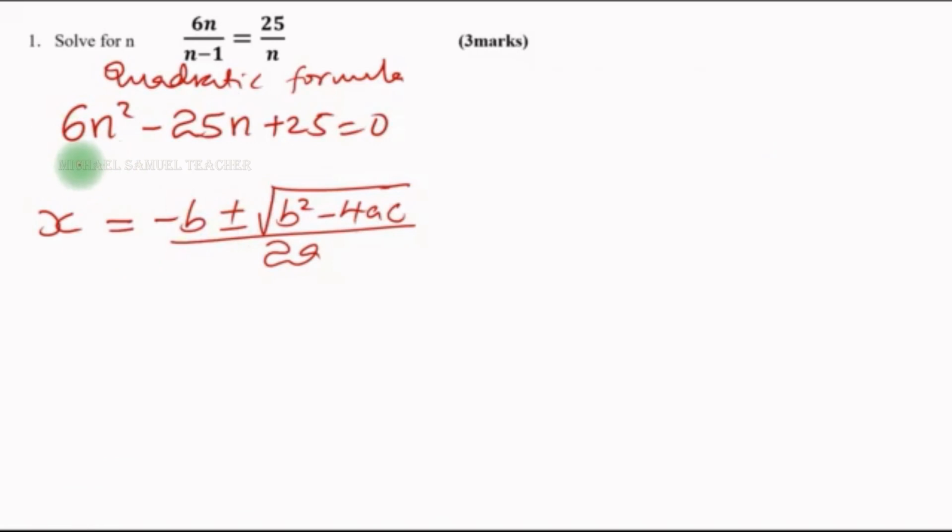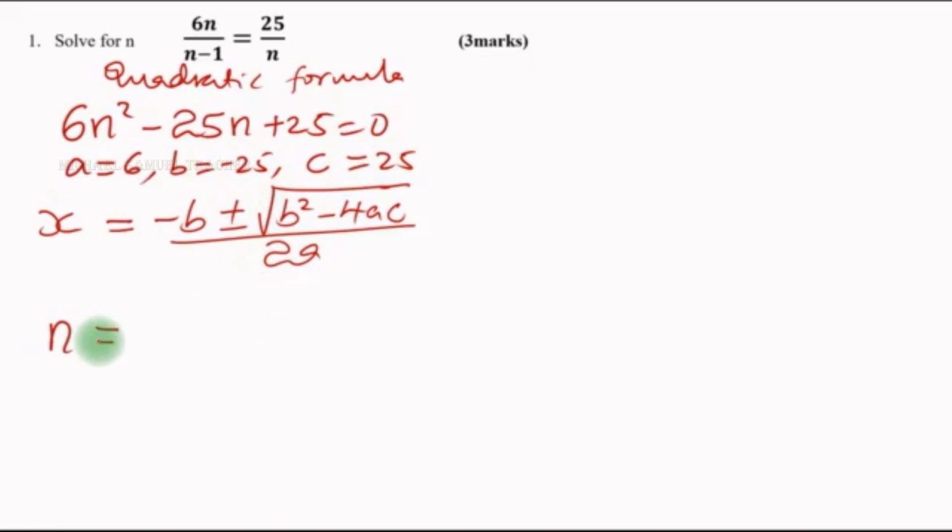So we need to find the values: a is 6, b is minus 25, and c is 25. So we substitute directly into the quadratic formula.